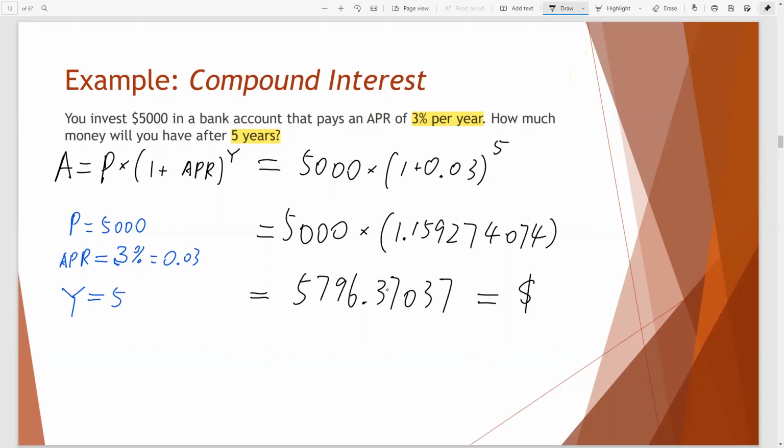And that's the balance of money, so keep 2 digits. So we got $5,796.37.